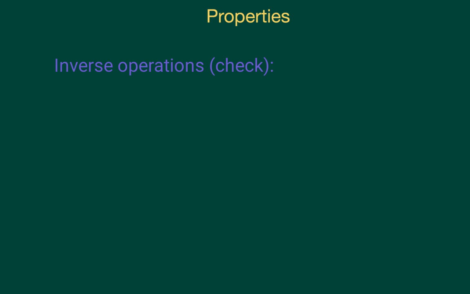The very first operation I want you to see is the inverse operation. If you notice in blue, I actually put "check." The reason why I always try to say that is it's almost like checking your work. It almost means the same thing.